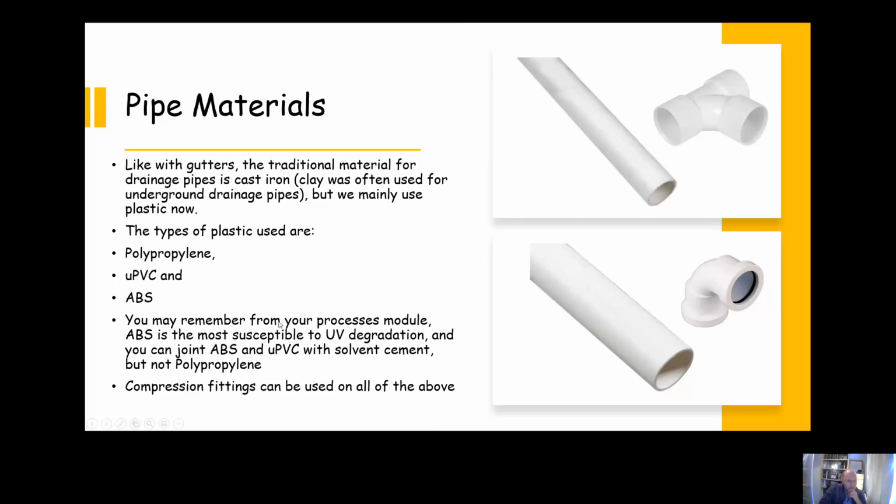Worth noting, ABS is the one that's most susceptible to damage from UV light. You can joint ABS and PVC with solvent cement, like using these fittings up here, but you can't joint polypropylene with that. You can only joint polypropylene with push fit fittings or potentially compression fittings. You can use compression fittings on all of the types of plastic.